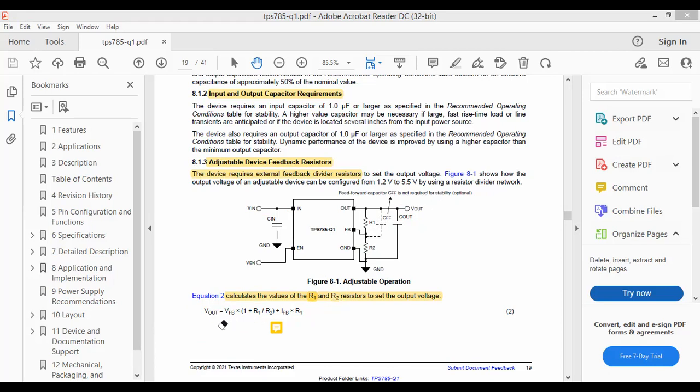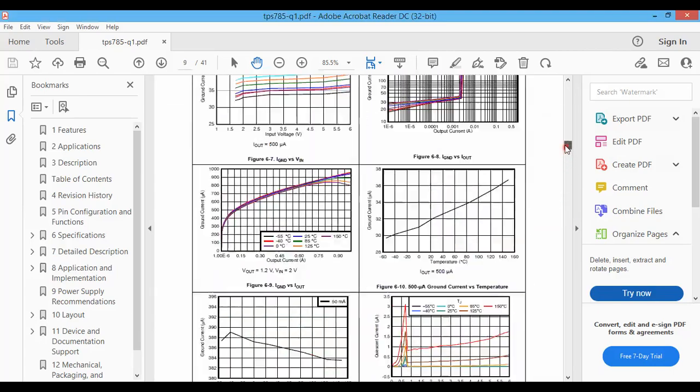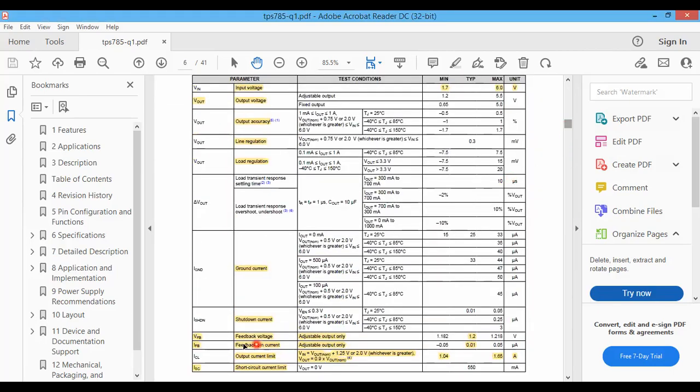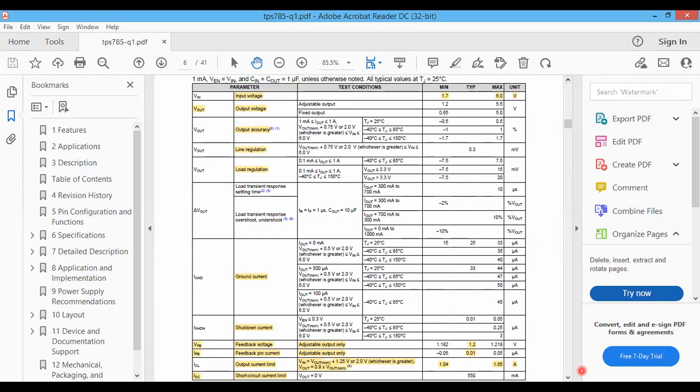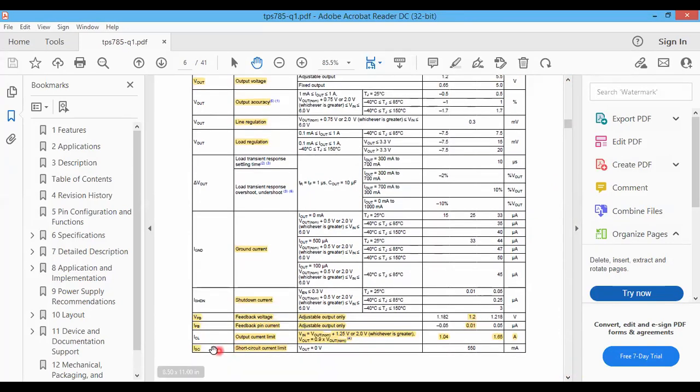You have to use this equation. VFB and IFB values are given here. You can substitute them from this table. The VFB feedback voltage could range from here to here, but you can just use the typical value, that is 1.2. And the IFB value is 0.01 microampere. Substitute those values here.